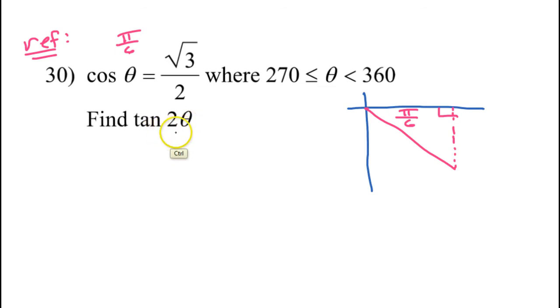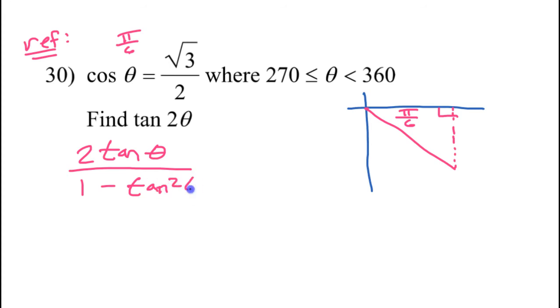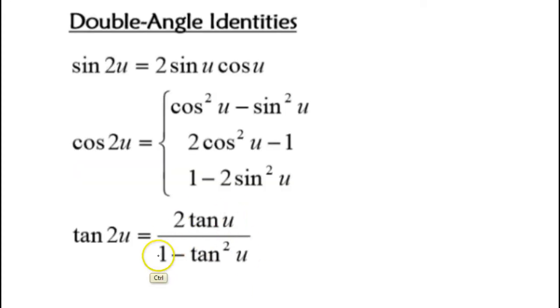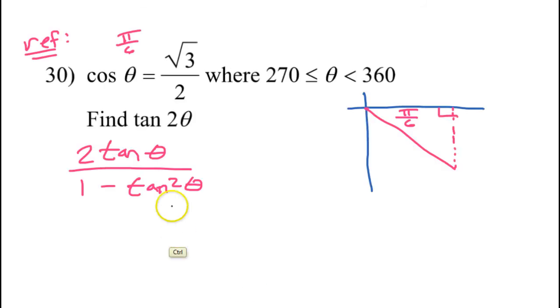Now, I'm going to go ahead and do tangent. The formula for tangent is the tangent of 2 theta is going to be 2 tangent theta over 1 minus tangent squared theta. So, what is tangent theta?